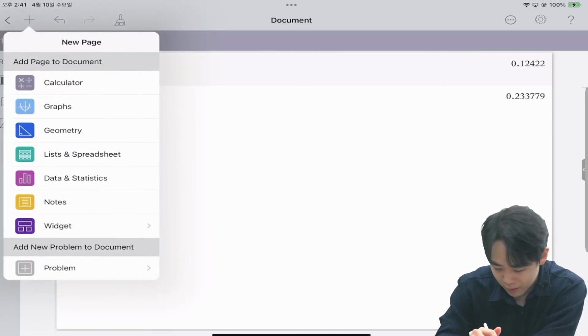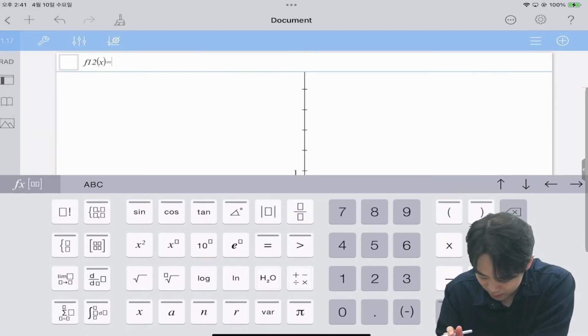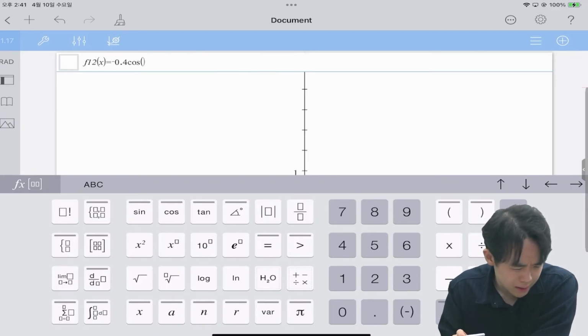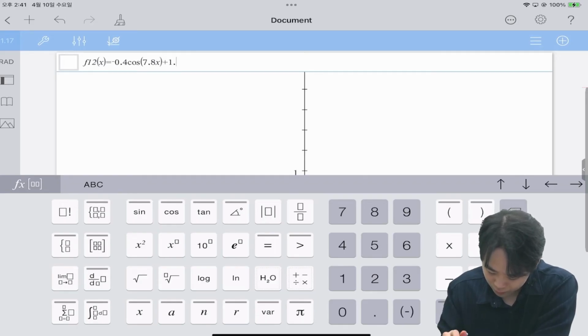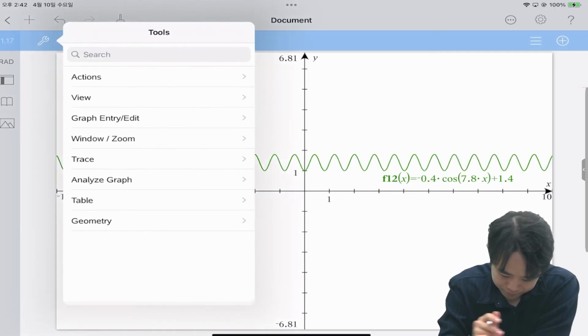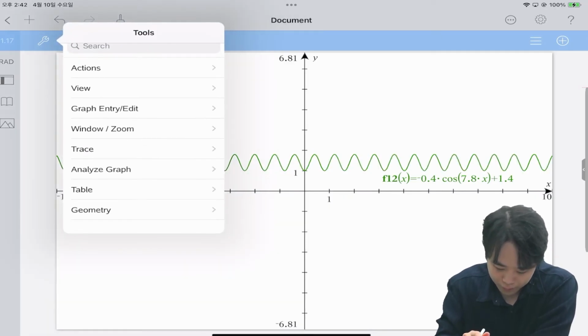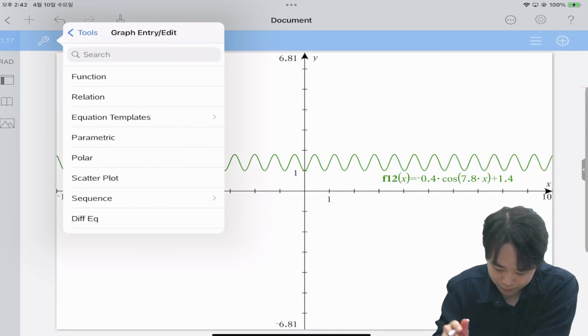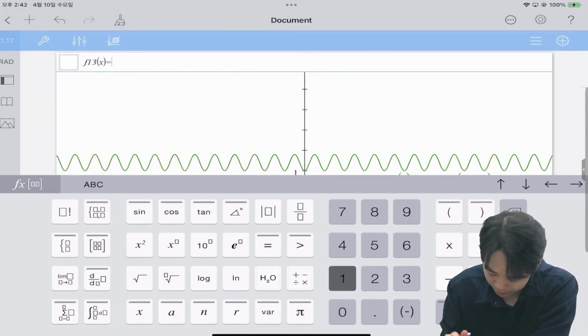Let's also go to the graph to plot out negative 0.4 times cosine of 7.8x, close brackets, plus 1.4. Then let's also add another graph where we have 1.5, so y equals 1.5.